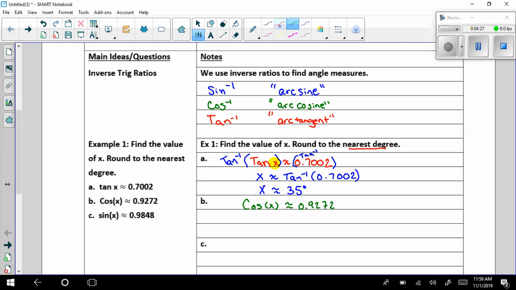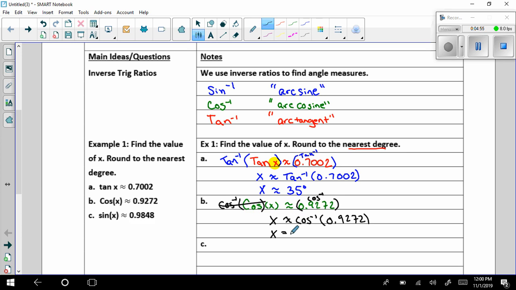So to cancel out that cosine, we take the inverse cosine, or the arc cosine, and what you do to one side, you do to the other. So those cancel out, and x is approximately the inverse cosine of 0.9272. Once again, we type that in our calculator.